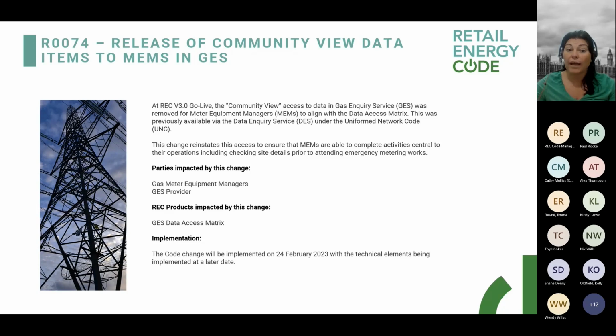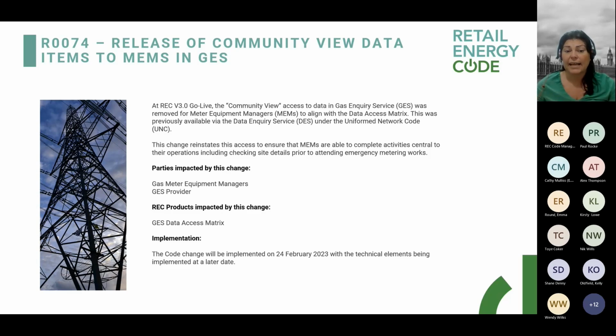The reason for that is because the community view wasn't in the gas data access matrix. So the gas data access matrix is being updated to put the community view back in place for meter equipment managers. The data items that will be available were exactly the same data items that were available pre-REC version 3.